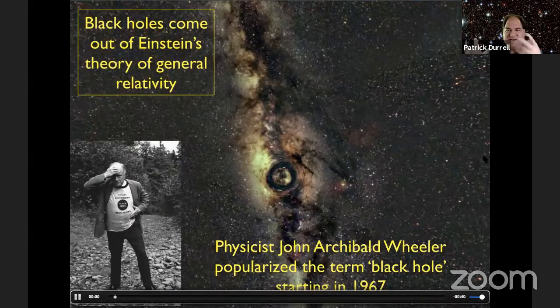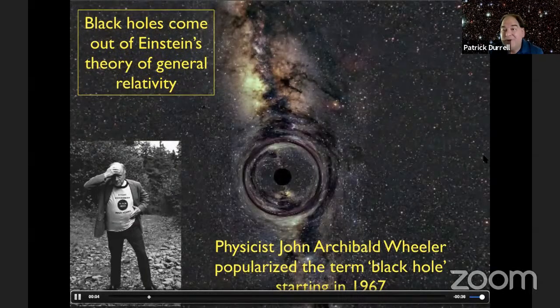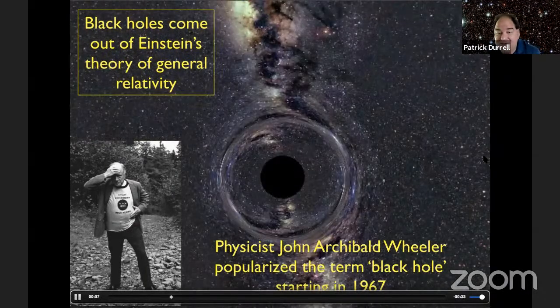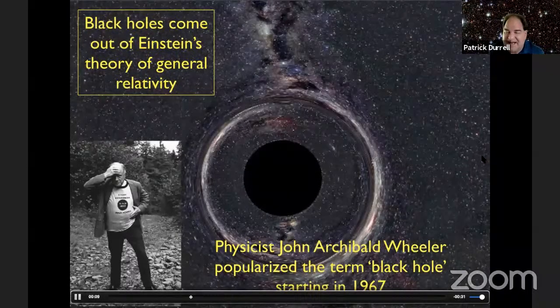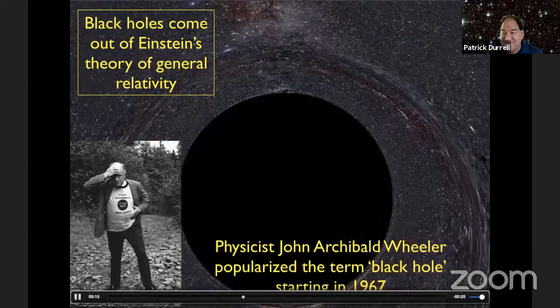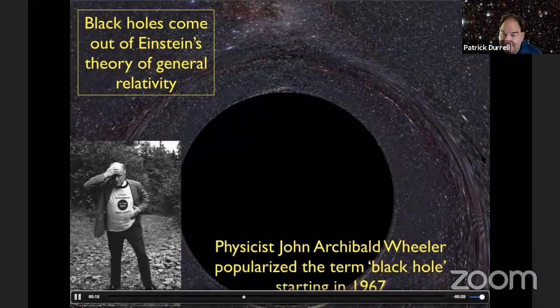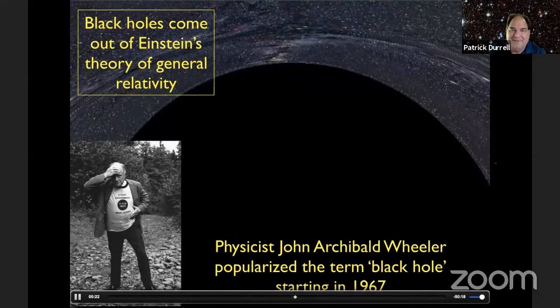I'm still seeing different stories about that. But it was in the late 60s that John Wheeler himself started popularizing this word, black hole, to describe these things. Now, it's not really a hole per se, but what do you call something that has no size and infinite density and light can't get out? It's kind of a tough thing to try to describe.